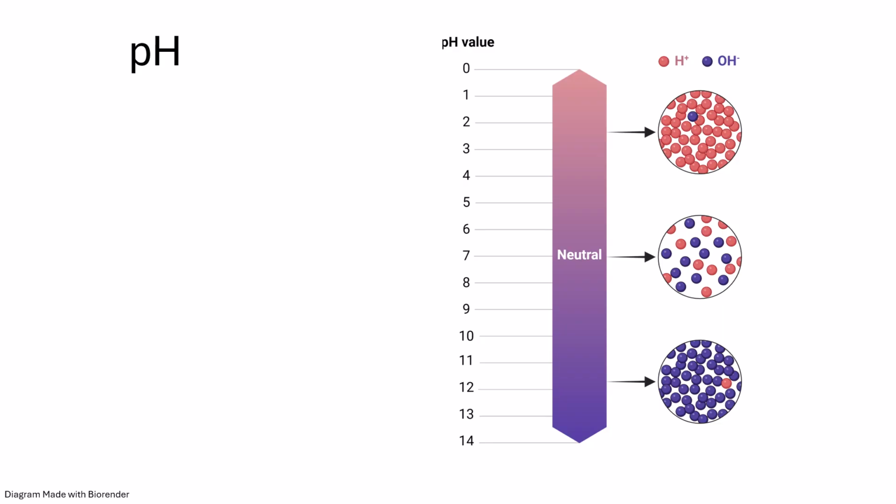In the pictures on the right, you can see those proportions of the H plus cations that are in red and the OH negative anions that are in purple. Let's start at the midpoint of the pH scale, which is a pH of 7, a pH that is neutral. This means that the number of H plus cations equals the number of OH negative anions.